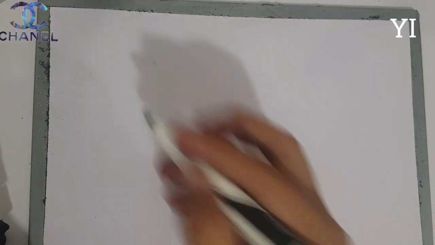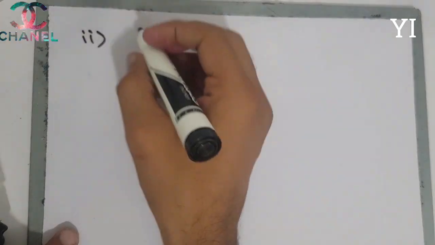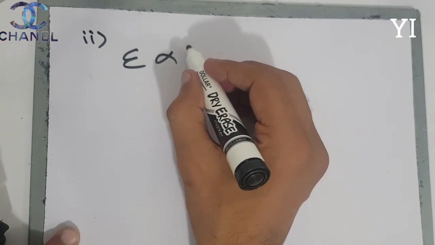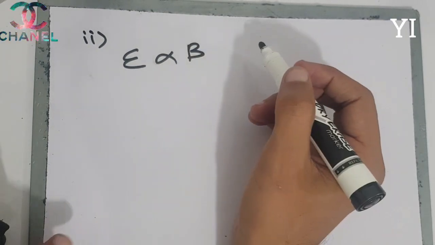So when the EMF is induced by the neodymium magnet, it will be the higher induced EMF, and when the EMF is induced by that ferrite magnet, it will be the low EMF. So let me write the point number 2 is that induced EMF is directly proportional to the strength of the magnet.